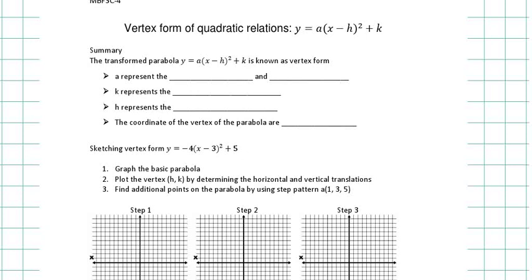It will change the step pattern, but what does it do to my graph? Vertical stretch or vertical compression. Okay, so a represents the vertical stretch and vertical compression.